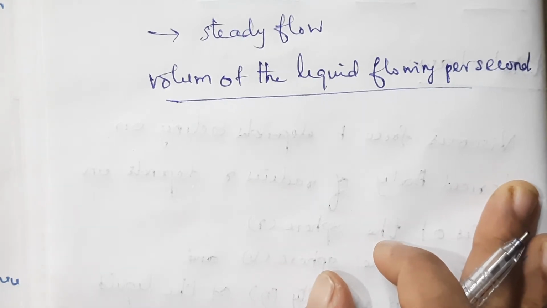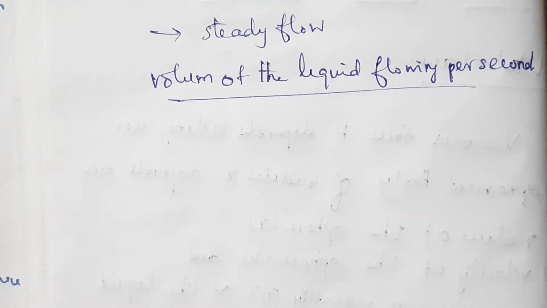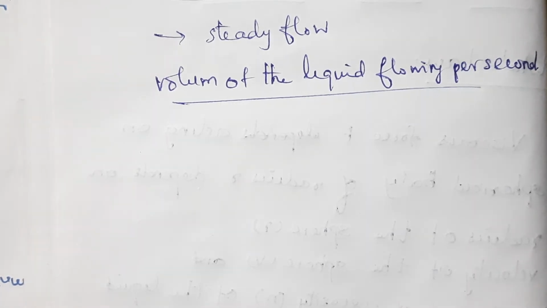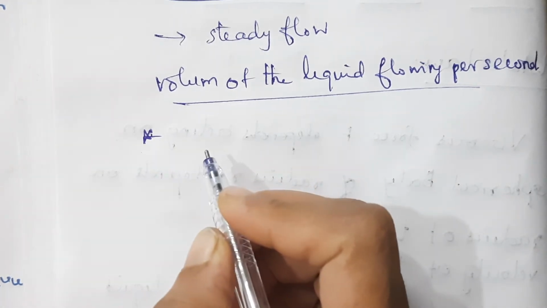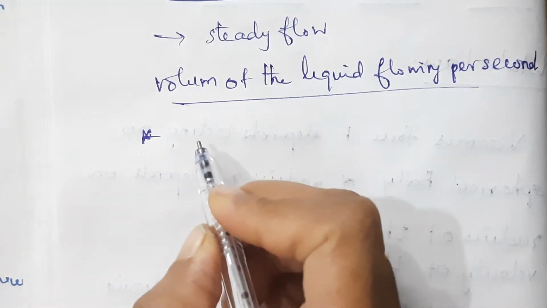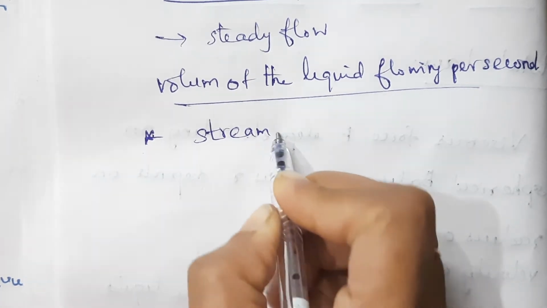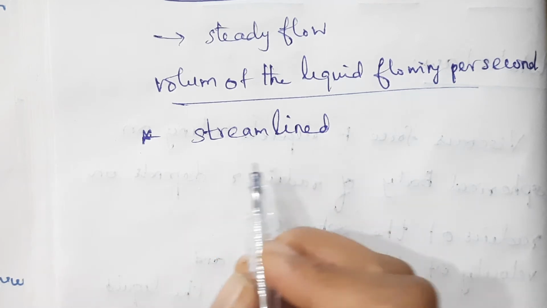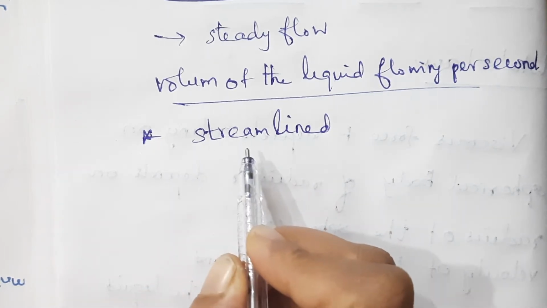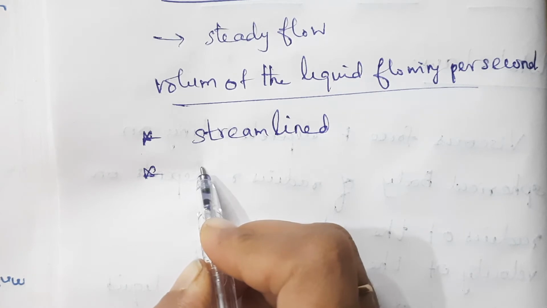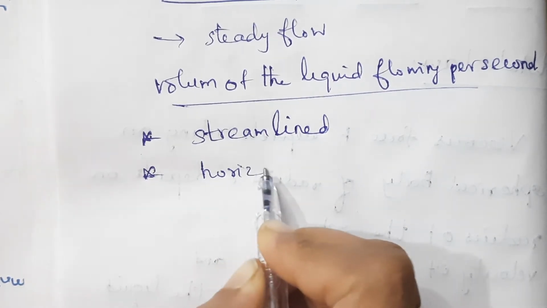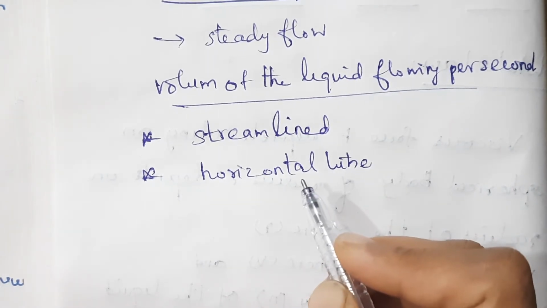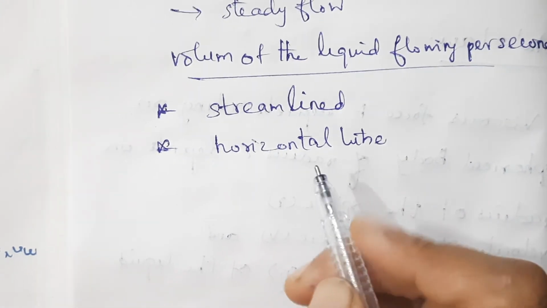As per his theory, he has important conditions. He got the expression by means of these assumptions. First, the flow of liquid through the tube should be streamlined. Second, the tube is horizontal so that gravity does not influence the flow.